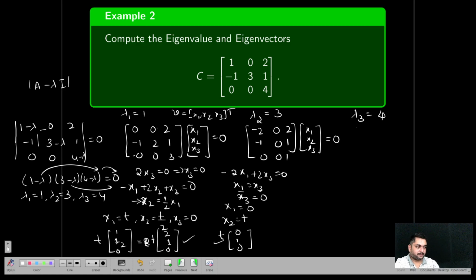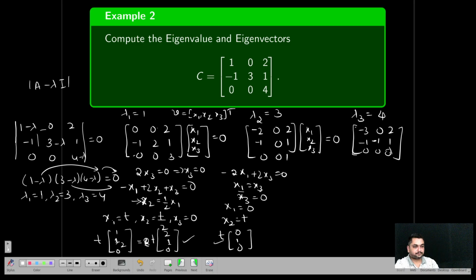What will I get? I'll get this as minus 3, 0, 2, minus 1, 1, 1, and then 3 minus 4 will be minus 1. Then 0, 0, 0.